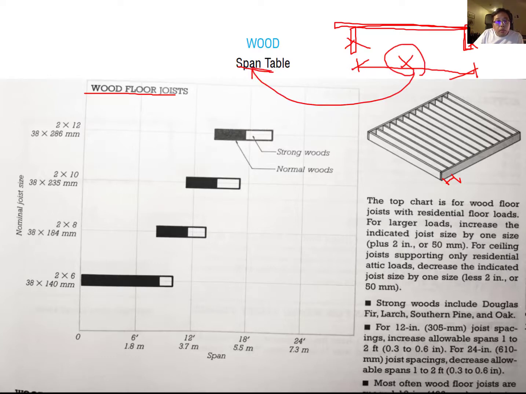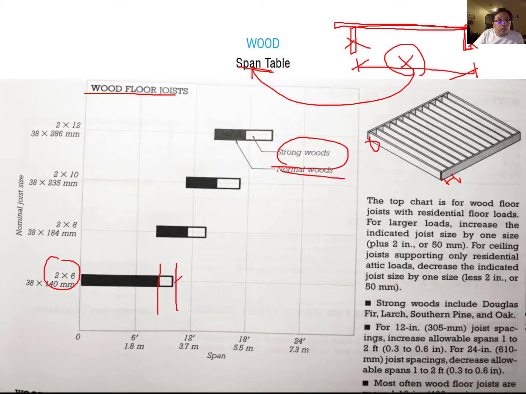Okay, but you can also decide this span distance depending on the timber size, which is the joist size. If you're using a 2x6 joist with normal wood, your timber span can reach up to around 10 feet. But if you have a stronger wood, your timber span can reach maybe more than 10 feet, right?